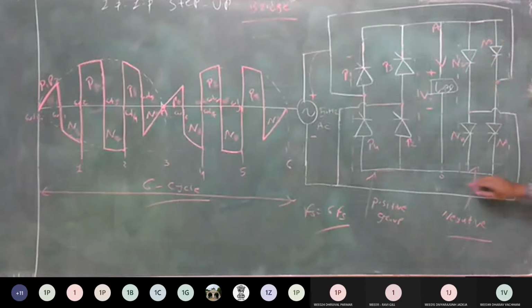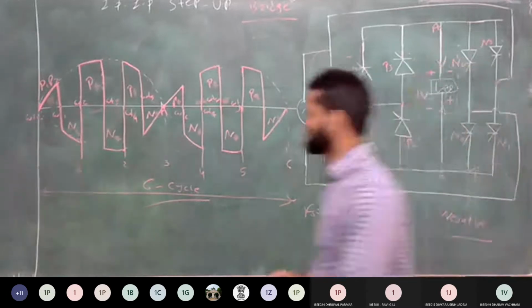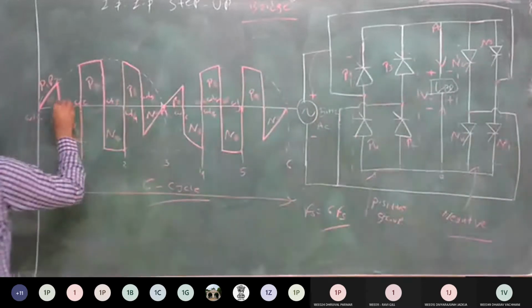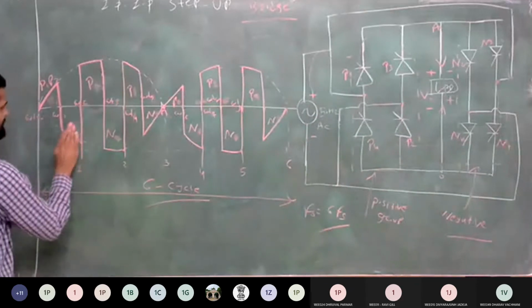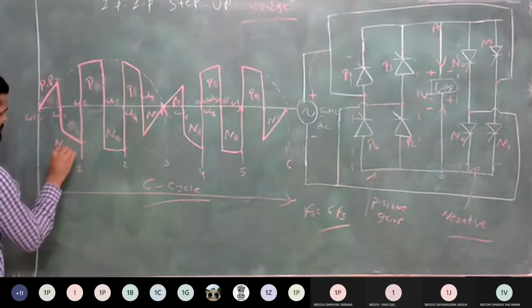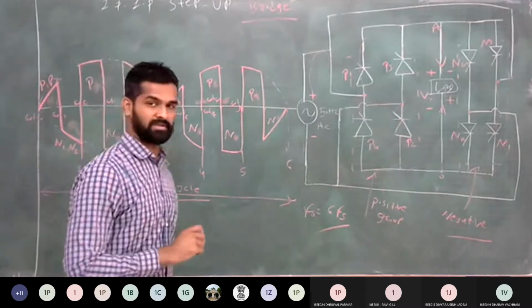The current is flowing from O to A, which is the negative direction, and the polarity of the voltage is plus here and minus here. So after omega T1, you get the negative voltage, because of the conduction of N1 and N2. Both thyristors are conducting. Clear?